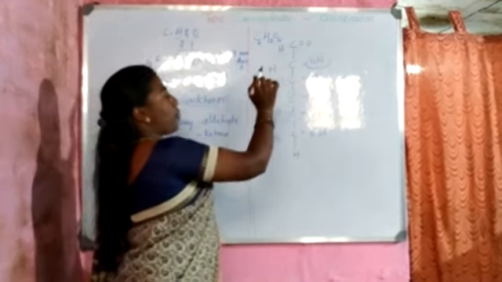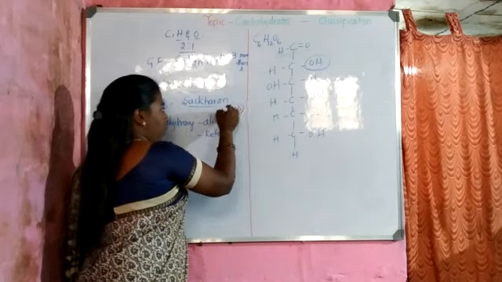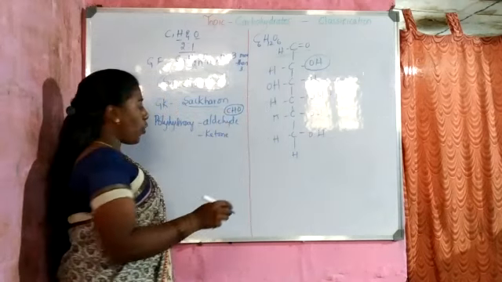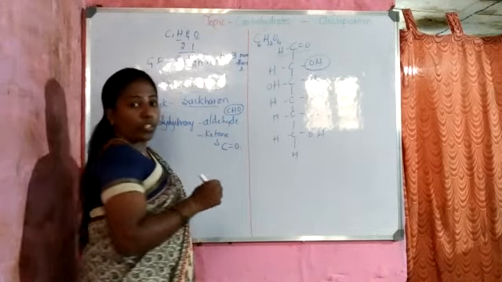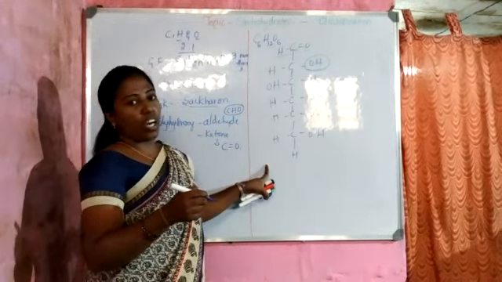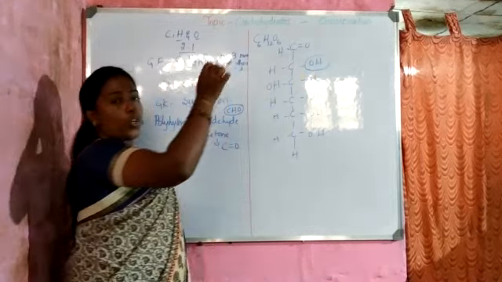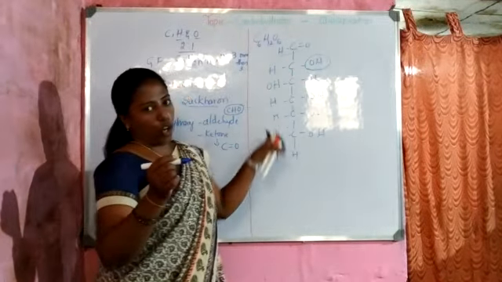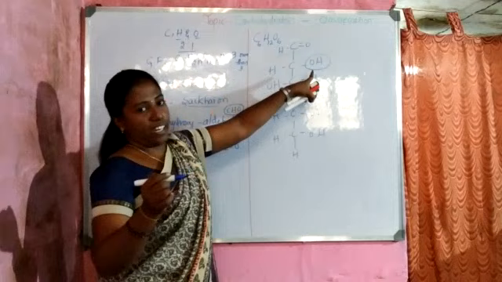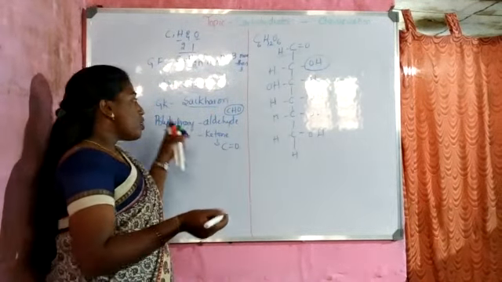The formula of an aldehyde is CHO, and for a ketone it is C double bond O. Glucose is an aldose sugar because it contains the aldehyde group. So we define carbohydrates as polyhydroxy aldehydes or ketones.